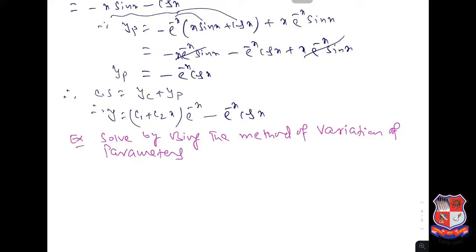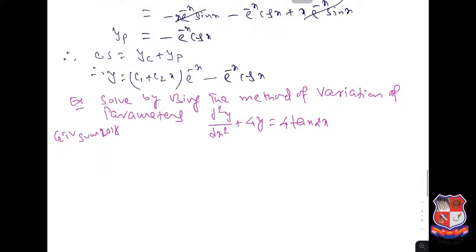The question is d square y by dx square plus 4y equal to 4 tan 2x. Okay, so this was asked in GTU summer 2018. Okay, let us solve.